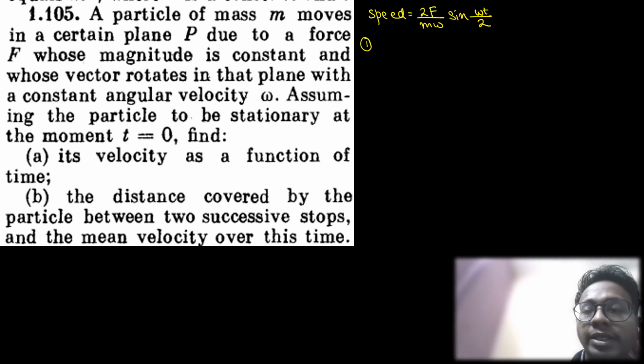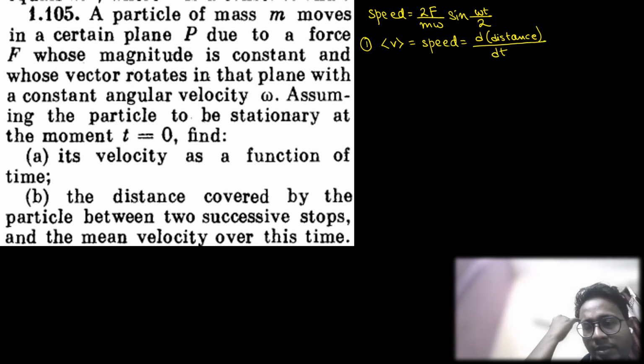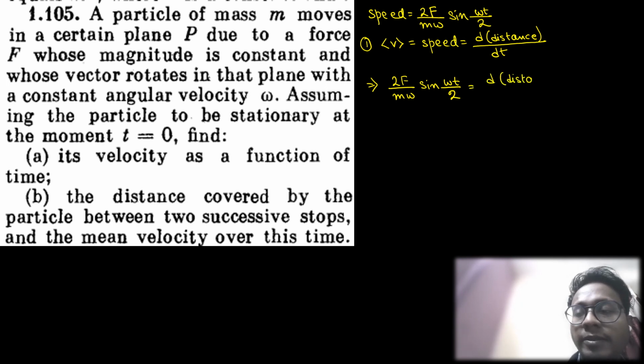Now we know that the magnitude of instantaneous velocity, which is equal to speed, is equal to rate of change of distance by time. If I substitute speed by 2f by m omega sine omega t by 2, which is the magnitude of instantaneous velocity and also the instantaneous speed, it is equal to d distance over dt.